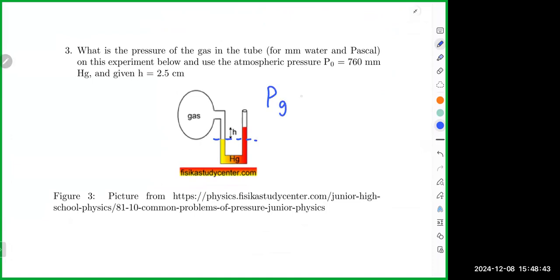P gas equals P gauge plus P ATM. So in this case, you will get the pressure of the gas higher than the pressure of the atmosphere. I will not continue this one. It's quite the same.